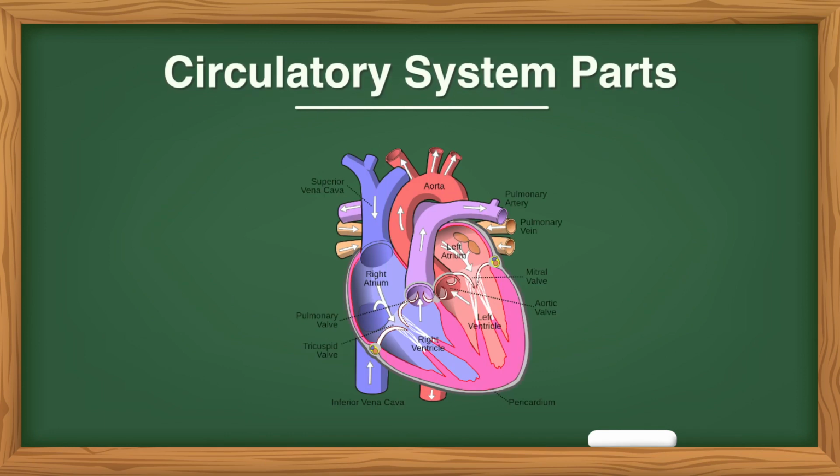Now, let us look at the heart. In human beings, the heart has 4 chambers which consist of 2 atria and 2 ventricles. The atria are the receiving chambers and receive blood from veins. On the other hand, ventricles are designed to be efficient pumps, sending blood into arteries.